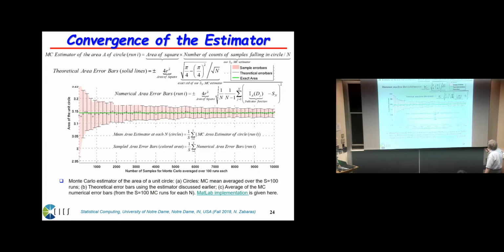Where did the 1 over n come from first? You remember? We have an estimator, and we're going to compute the error bars on that estimator. We said the variance of the estimator is the true variance divided by n. So the first n, so this must be an approximation of the true variance, and then the 1 over n for the estimator.